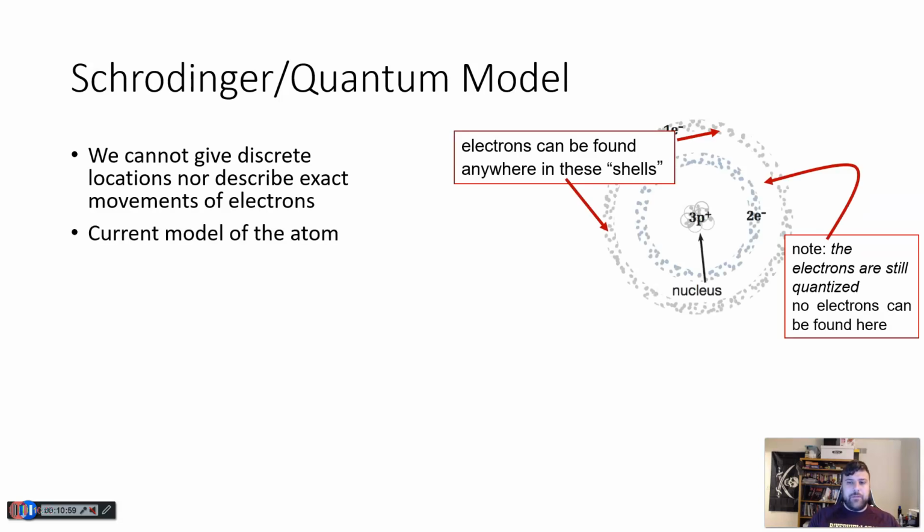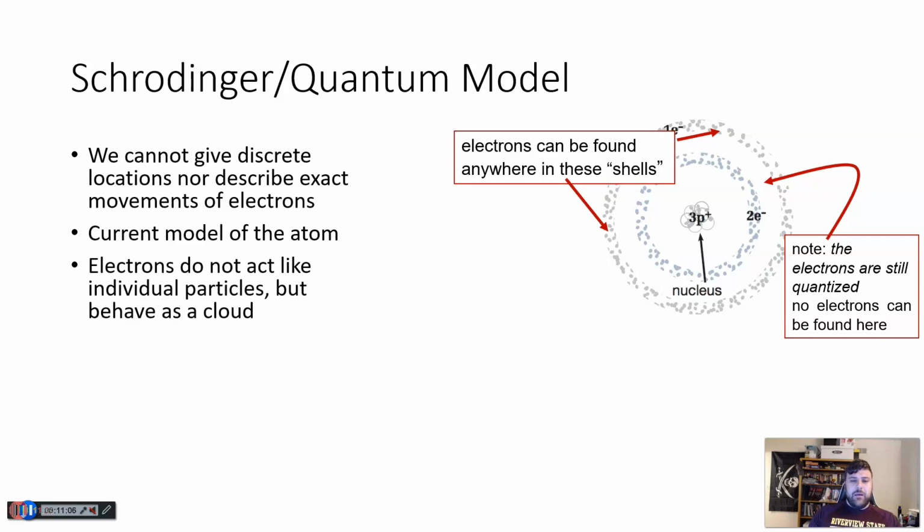We kept the energy level idea from Bohr's model because we do know that there are these energy levels still there. These are still quantized. But as opposed to having this singular electron that orbits the nucleus, what we see is that the electrons behave more like a cloud.